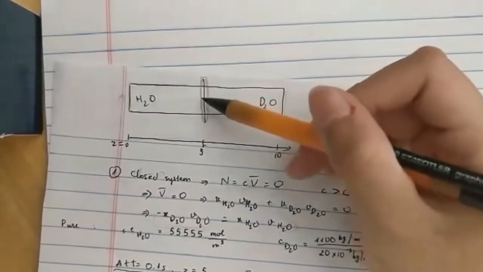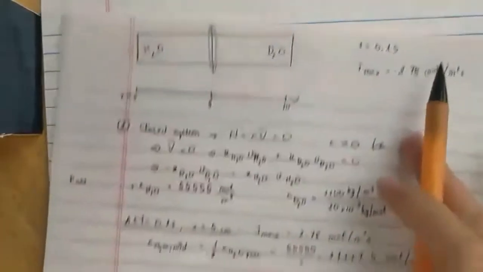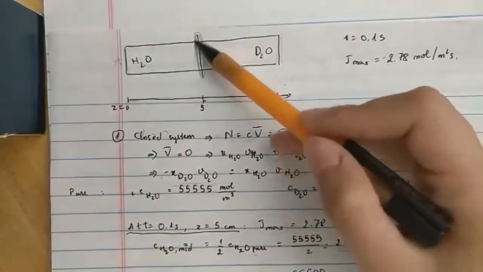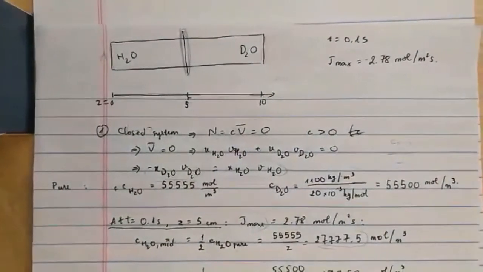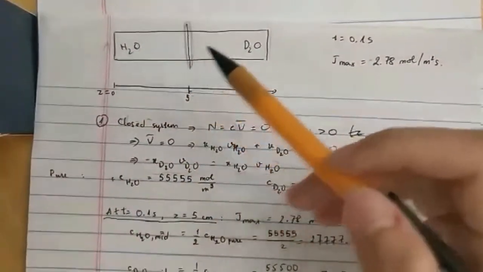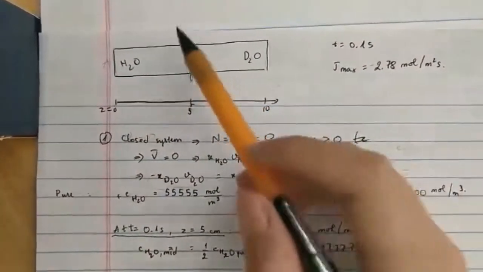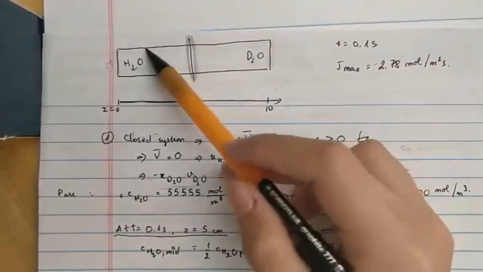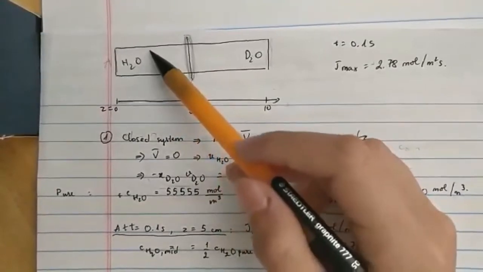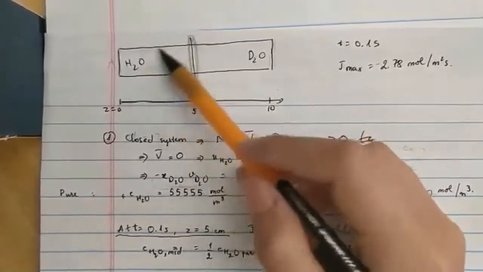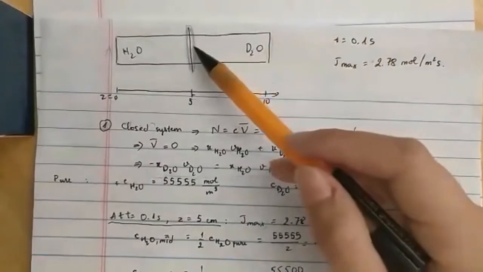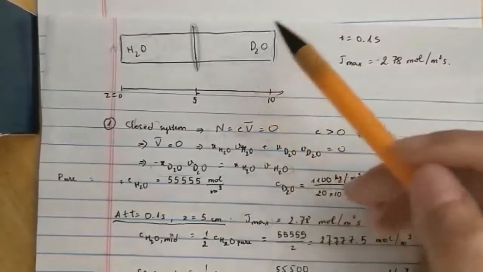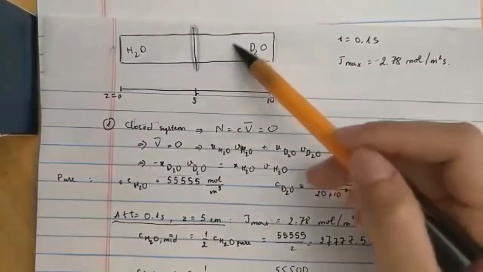So the concentration of H2O here will be 1/2 of the concentration of H2O on the left side, as well as the concentration of D2O at the surface equals 1/2 of the concentration of D2O on the right side.